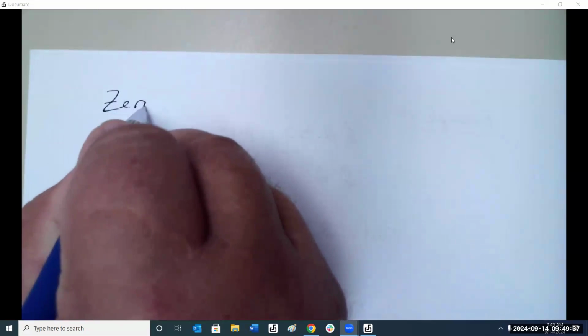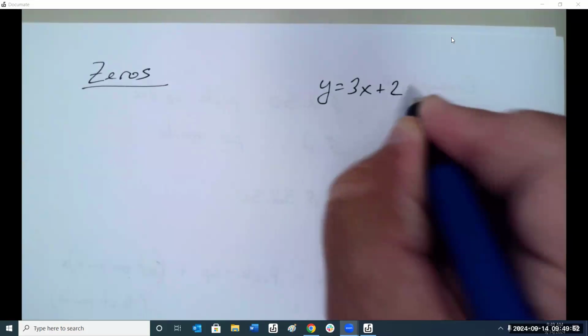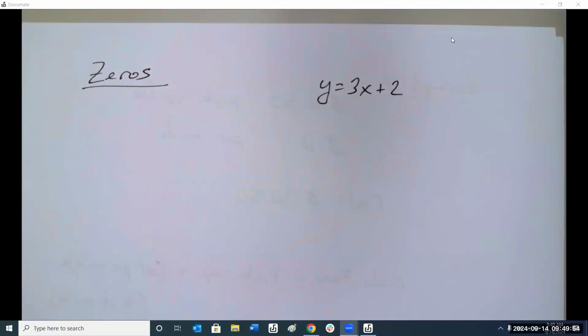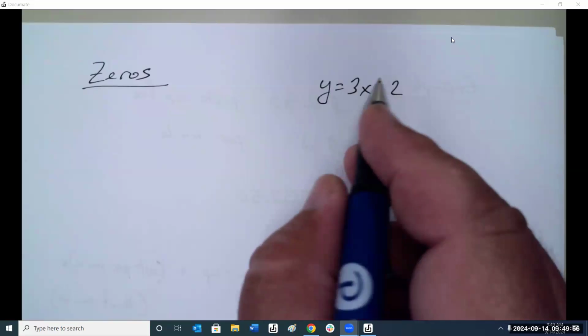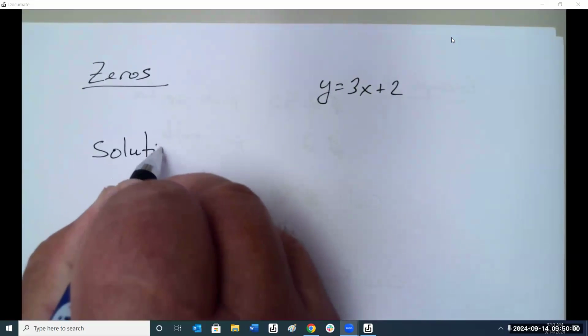Okay, the last thing for this section, then we'll take a break and then we'll finish up chapter 2, are zeros. Before we do this part, we have to discuss what is a zero. When you have an equation, you're asked to find a solution.